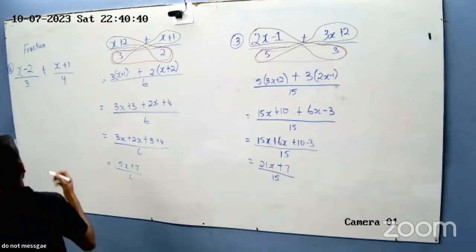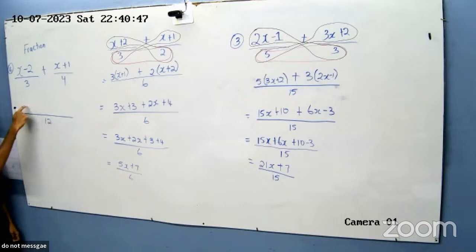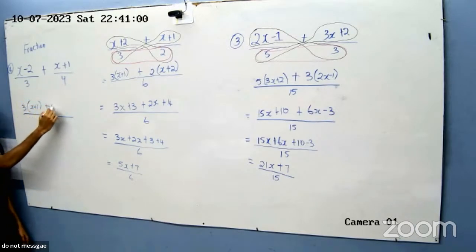So what's the LCM here? What's the LCM? 12. And then again this value here. 3 by x plus 1. Bring on the plus. And then how again this one? 4.